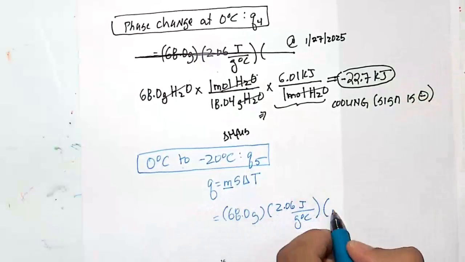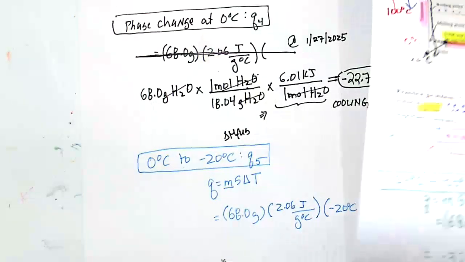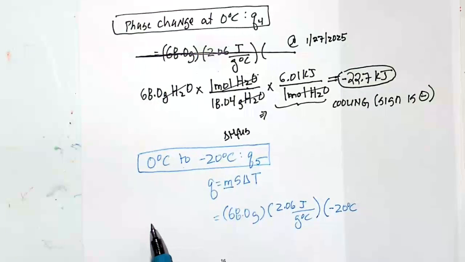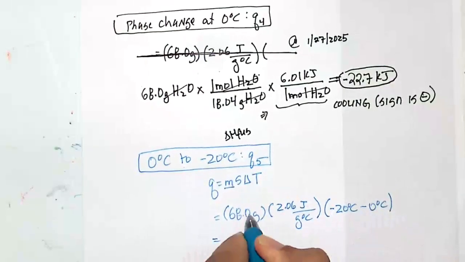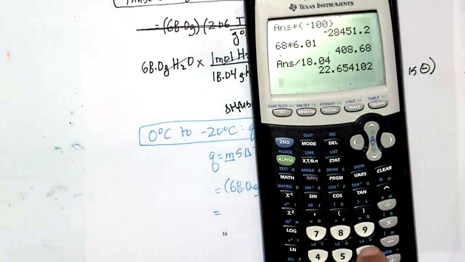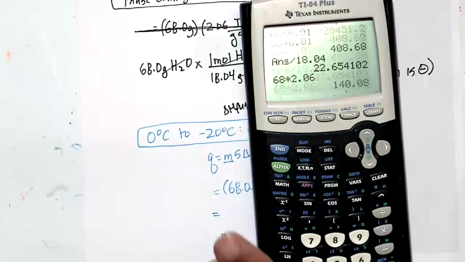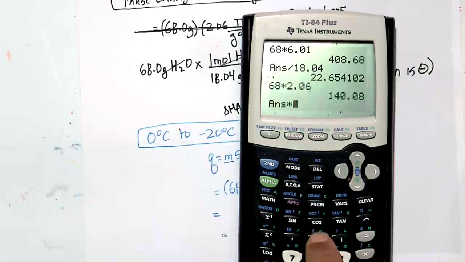What's our final temperature? Our final temperature is minus 20. What is our initial temperature? 0 degrees. So the grams cancel, the degrees C cancel. And what is this on our calculator? 68 times 2.06 times minus 20.